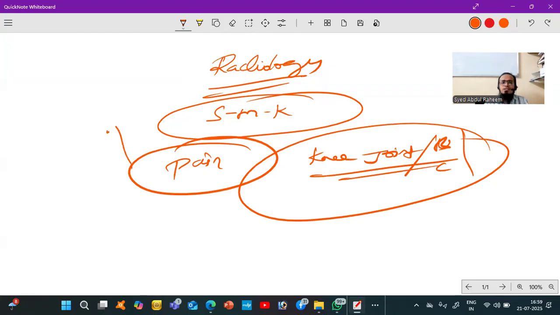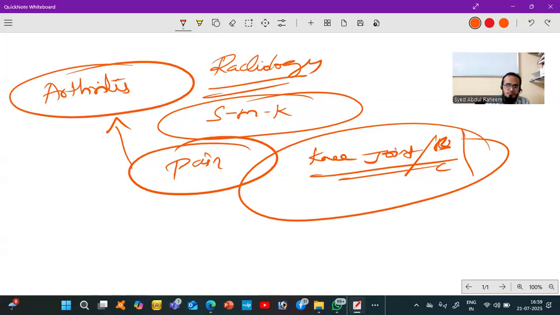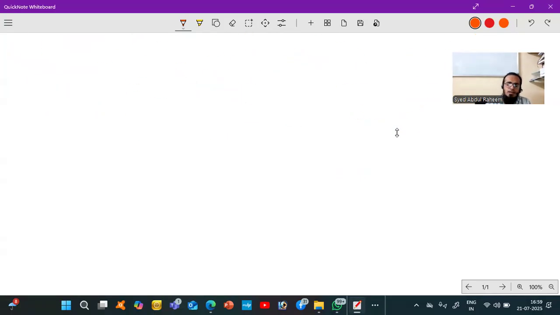So what is the basic term we use for these joint pains? We will call it arthritis. Arthritis is very common in our clinics.